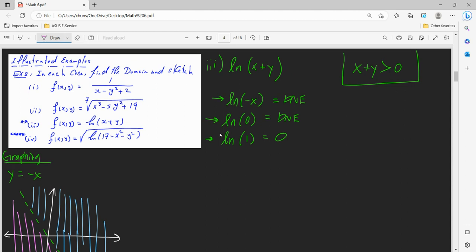Let's use below the curve first, and let's use test point -2, 0, just about right here. Let's plug that into our x plus y greater than 0 inequality. This is -2 plus 0 is greater than 0, and this is false. So we're going to reject this.